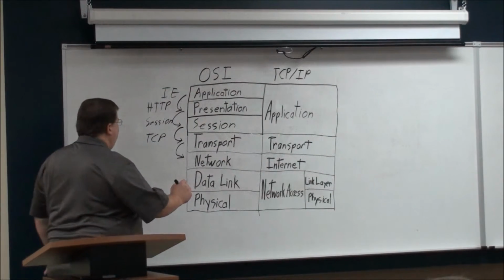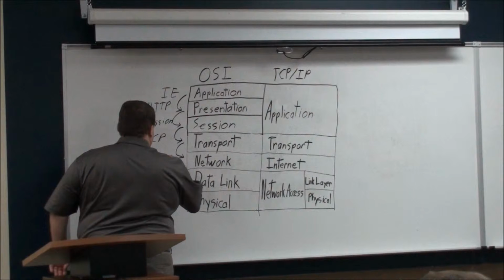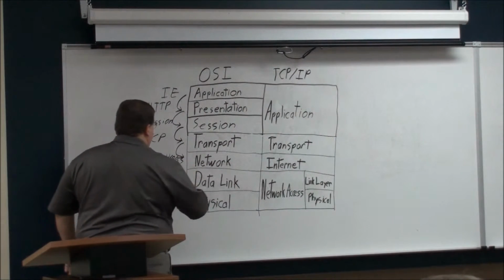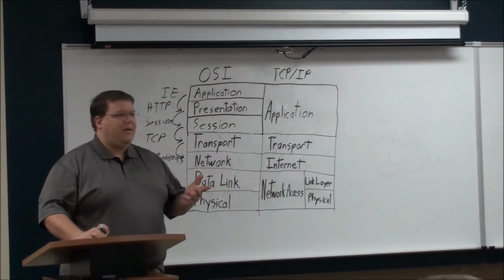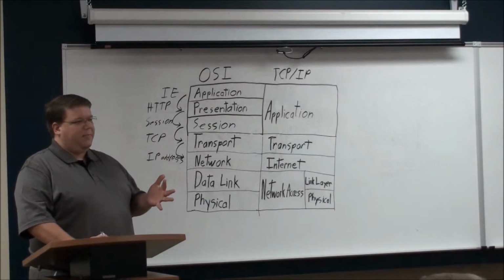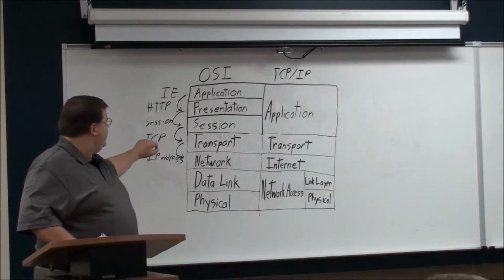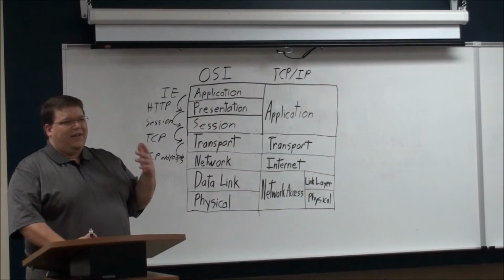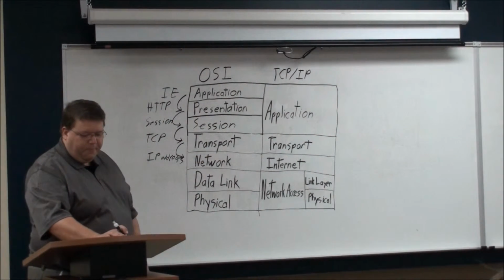So we tack on an IP address. Now, there were other protocols before TCP/IP like IPX, SPX, and they would add on a different type of address, but almost every network nowadays uses TCP/IP, so that's what we're going to talk about.